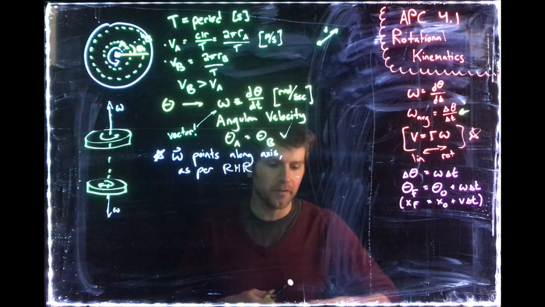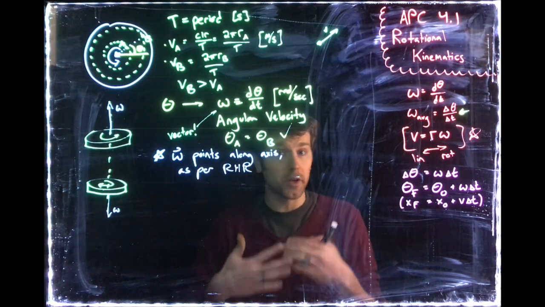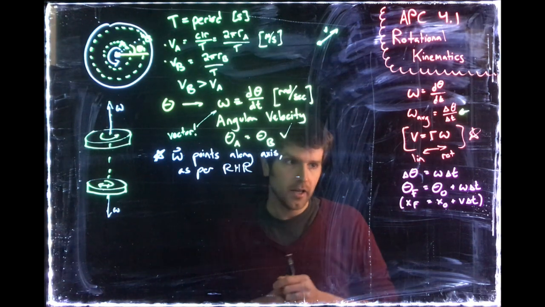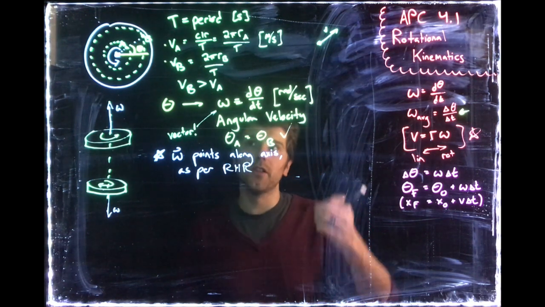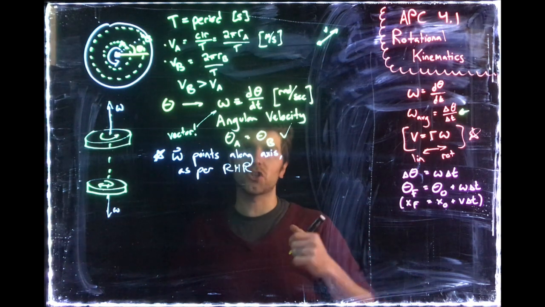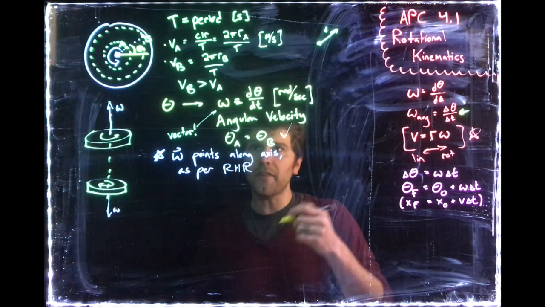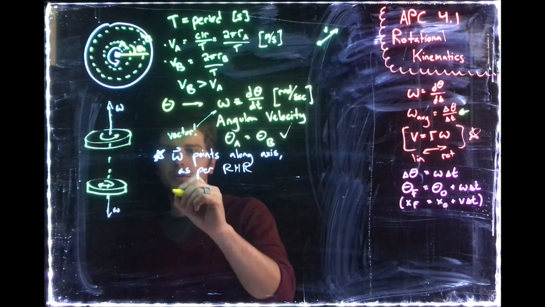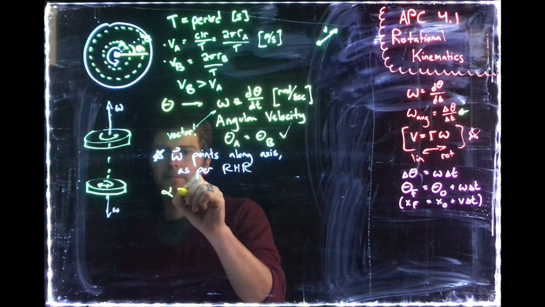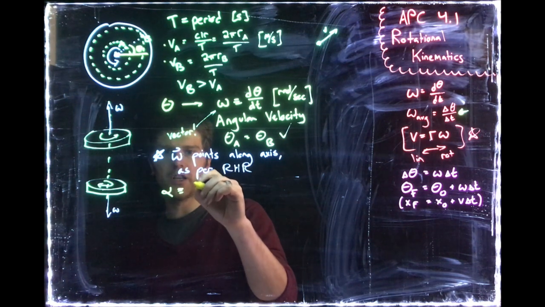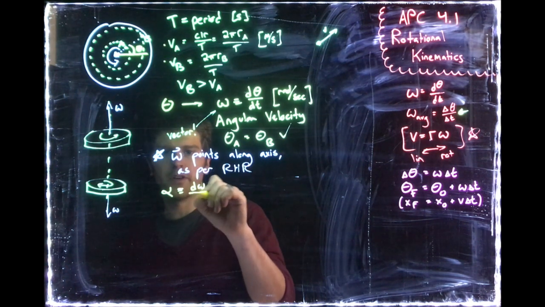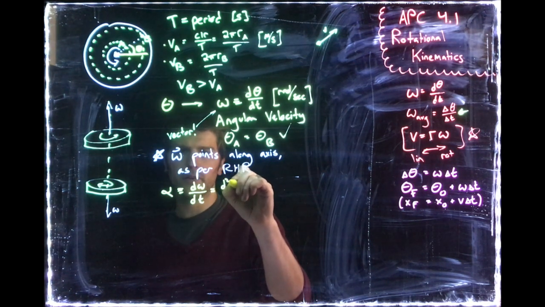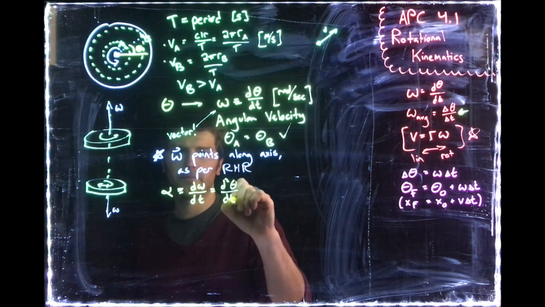And one of the things we're going to find is that for every linear quantity, there is an equivalent quantity in rotational motion. So instead of velocity, we have angular velocity. Instead of position, we have angle. Well, what if angular velocity is changing? We can introduce a new quantity called alpha, which is the derivative of angular velocity, or the second derivative of angular position.